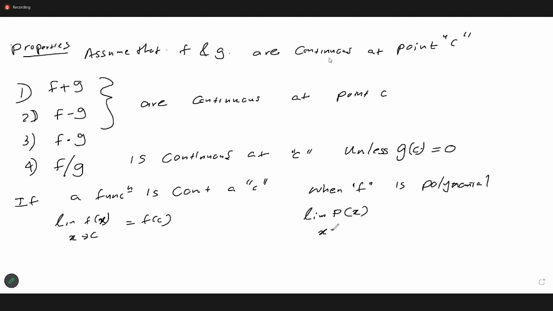P(x) when x approaches c is equal to p(c). Right? No harm, no? Because this f is a general function. Now, if this function is a polynomial, we can write it in this form.